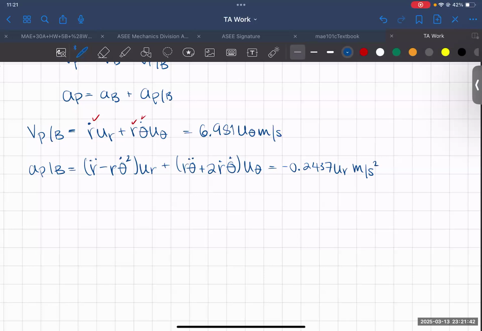Now this is in radial and transverse components. We want to change it to rectangular coordinates.